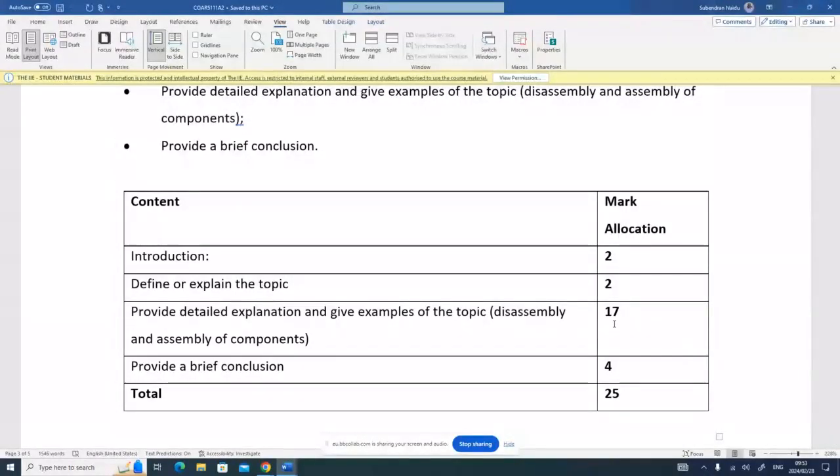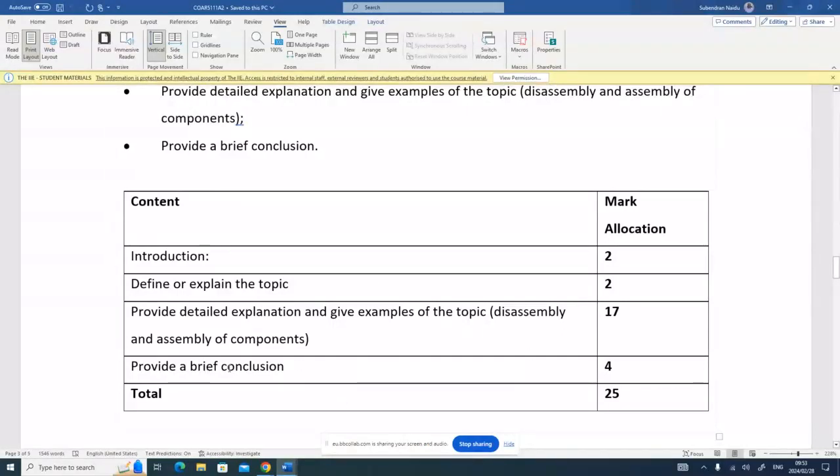You then need to ensure that you have the correct tools, the correct environment, and you are following the correct safety procedures. You then take apart the case cover. You then start taking apart the components in the order that is described to you in your textbook.